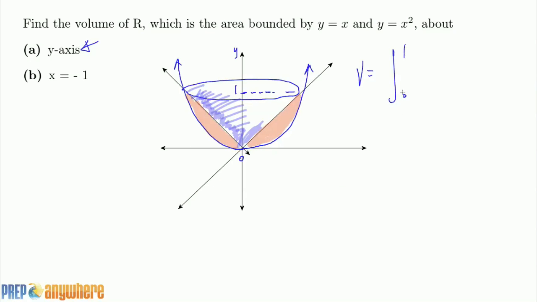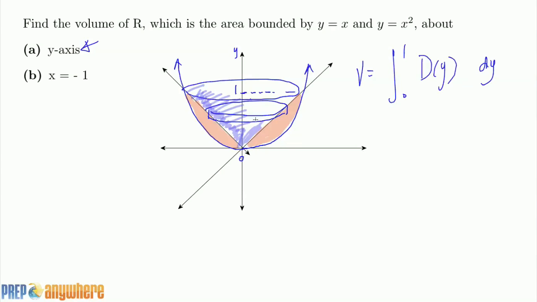Because we're going about the y, the thickness of each disk is dy, isn't it? Right, the thickness of a particular circle is not dx, it's dy, okay? So that is a disk, a function of y, that's what we need. Disk is a function of y.